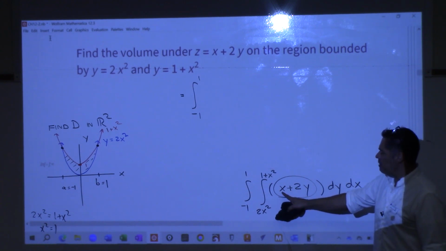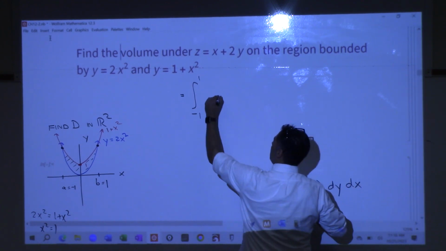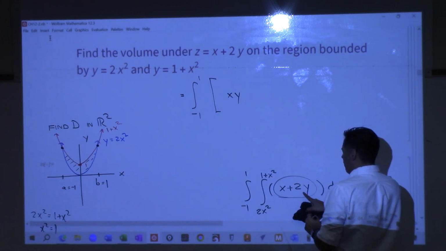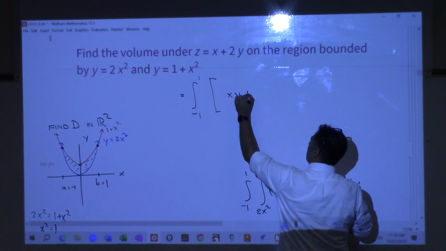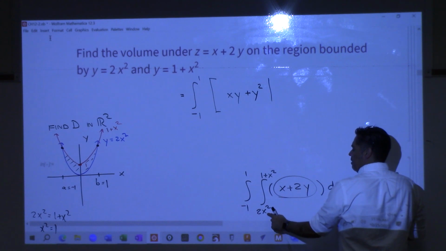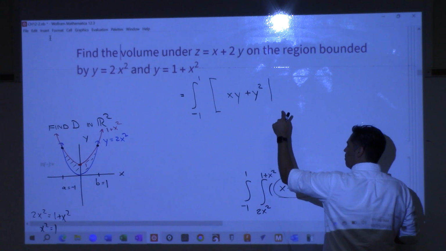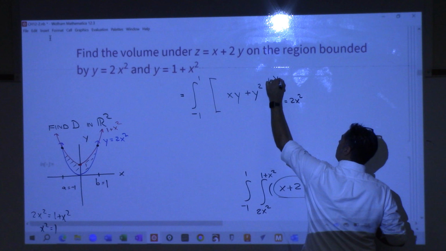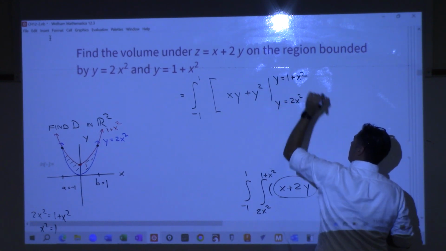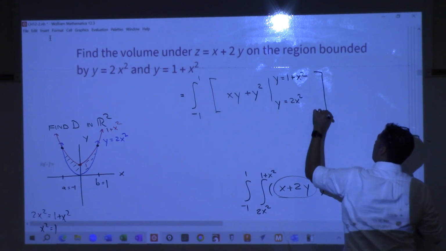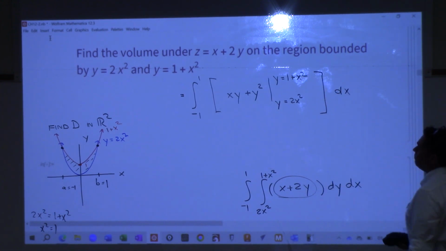The antiderivative of x is xy. The antiderivative of 2y with respect to y is y squared. Evaluation bar, y equals 2x squared to y equals 1 plus x squared. That's our fundamental theorem of calculus. Close the bracket, and then dx, that'll come later.